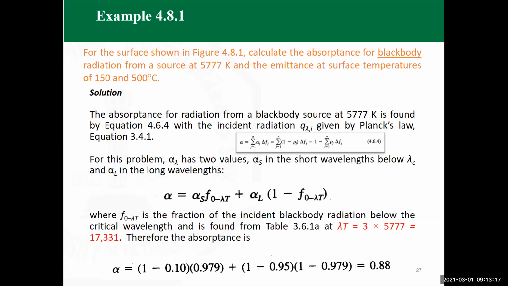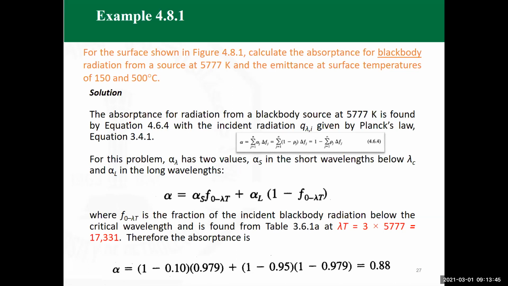It has 17,000, where the corresponding fraction is 0.9776, and we have 18,000, and the fraction is 0.9807. So we can make a linear interpolation to get this fraction here. So the fraction that you see here, the 0.979, is obtained from table 3.6.1A by interpolation between these two values of lambda t.